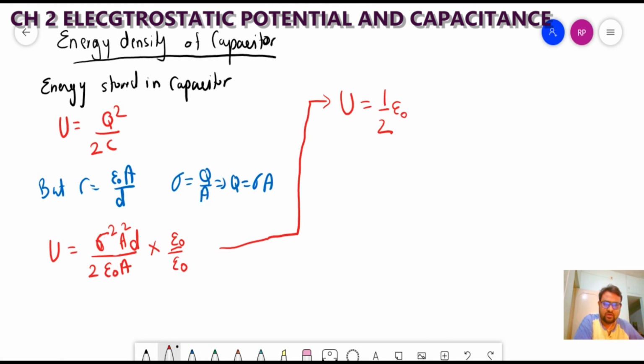So sigma square upon epsilon 0 square, then A square, so one area gets cancelled, A into d. This will be equal to half epsilon 0 times sigma by epsilon 0 whole square. What is sigma by epsilon 0? This is the electric field of the capacitor, so I will write it as E square.